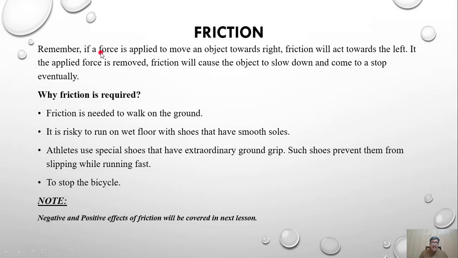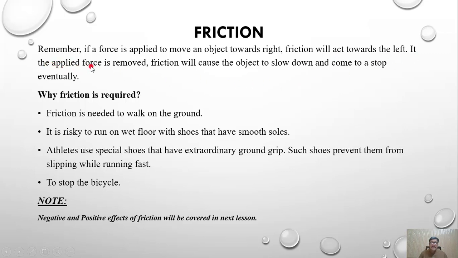Friction. Remember, if a force is applied to move an object towards the right, friction will act towards the left. Friction always acts in the opposite direction. For example, if an object is falling from a certain height, it will face air resistance in the opposite direction, and the same is friction.